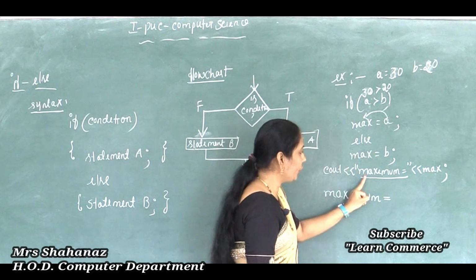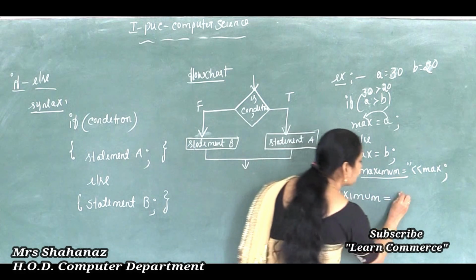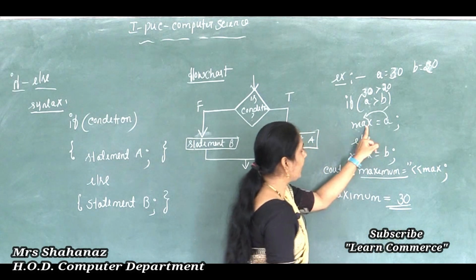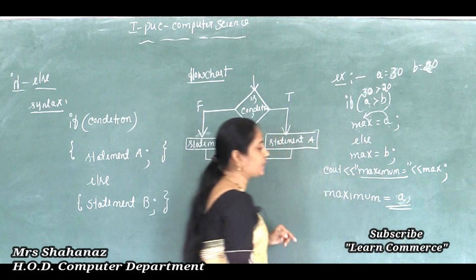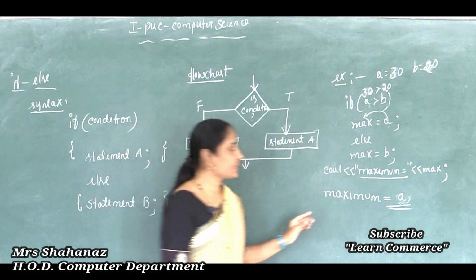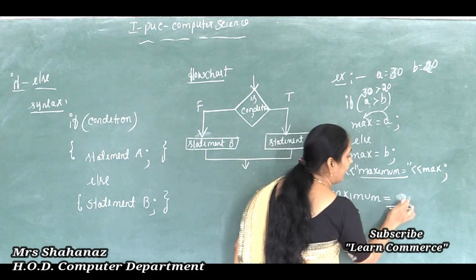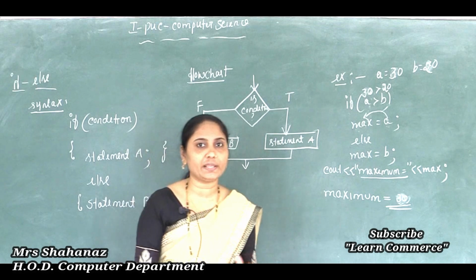Correct? So it is going to display the message as maximum is equal to max. So max value is equal to A. Clear this point here? So the maximum is equal to max in this case. That means it is going to display the A value, which is equal to 30. So clear this one, how it is going to display the answer.